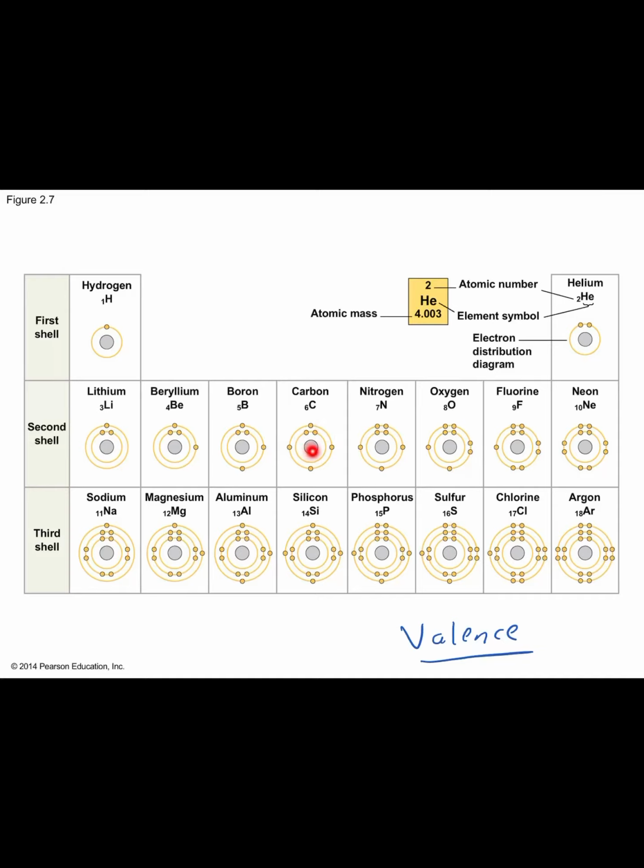Outermost shell is 50% complete, still reactive, but not nearly so much as lithium. Every step of the way, we add one more electron until you get over here to the right, and now you see neon, right? So atomic number 10, that's 10 protons, 10 neutrons, and 10 electrons. Do the accounting of the electrons, 2 in the first shell, 8 in the second. Valence shell is full, isn't it?